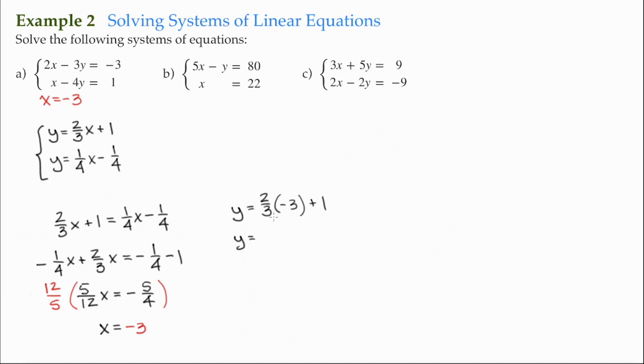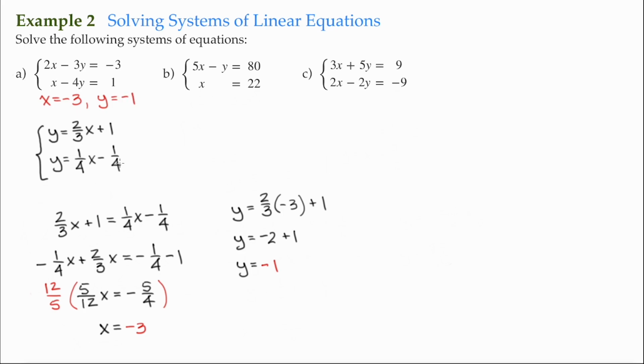Y is equal to 2/3 times negative 3. That's negative 6/3, which is negative 2, plus 1. And of course, negative 2 plus 1 is negative 1. So then I'm just going to write up here, y is equal to negative 1.